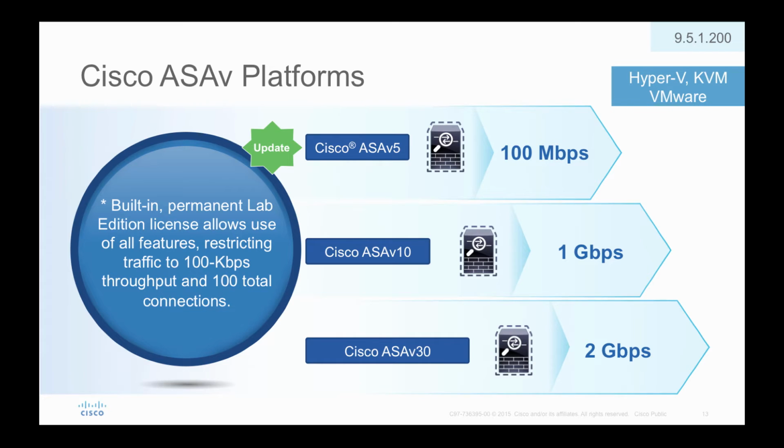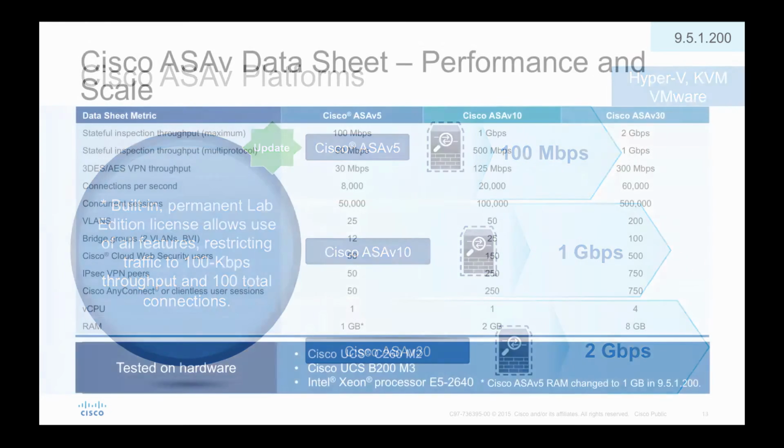So in case there is no license installed on ASAv, the performance is restricted to 100 kbps and a total of 100 connections at the moment. But if you enable licensing, you can use 100 meg, 1 gig, or 2 gig based on the model of ASAv that you have selected at the time of the installation.